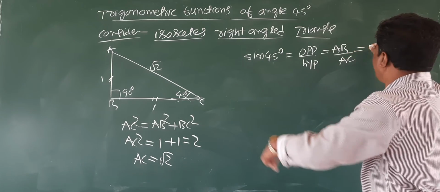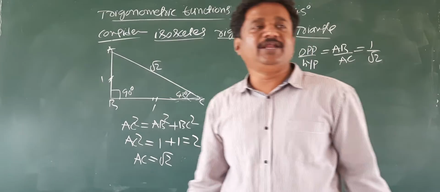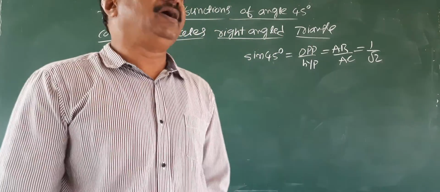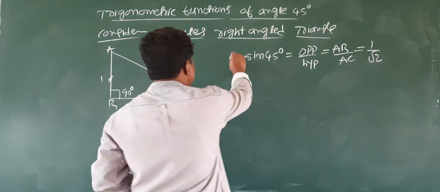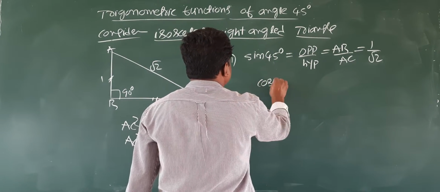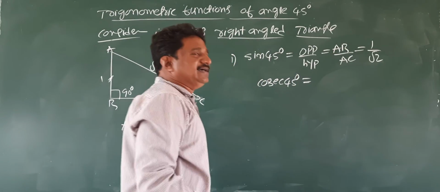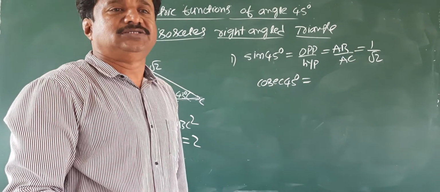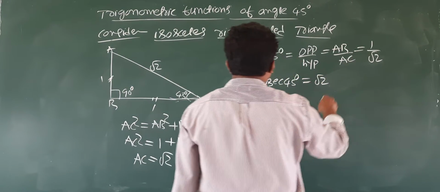Length of AB is 1, AC is root 2. Sine 45 degree is 1 by root 2. So the reciprocal of sine is cosec. Cosec 45 degree is root 2 by 1. Reciprocal of 1 by root 2 is root 2 by 1.